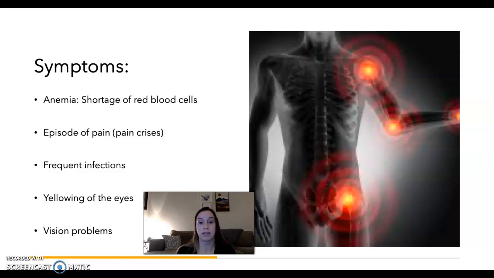Although you can't see this disorder internally, it's very hard to deal with for those patients, and I'm assuming very painful. It can also lead to frequent infections, yellowing of the eyes, and vision problems.